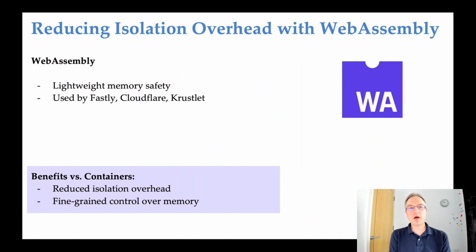In our work, we've overcome those problems by adopting an intermediate representation for the implementation using WebAssembly. WebAssembly is a lightweight, memory-safe language. It's increasingly being used in the cloud environment, and it has significant benefits over, for example, standard isolation mechanisms for serverless, such as containers, in that it achieves a lower isolation overhead, and it also gives you very fine-grained control over memory accesses.